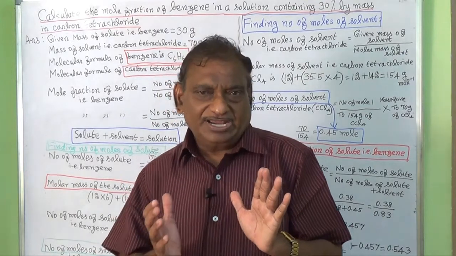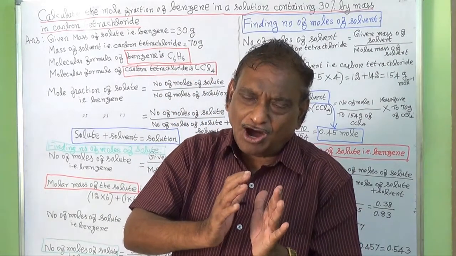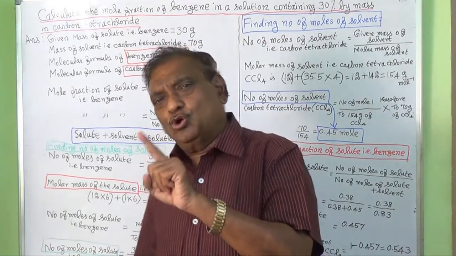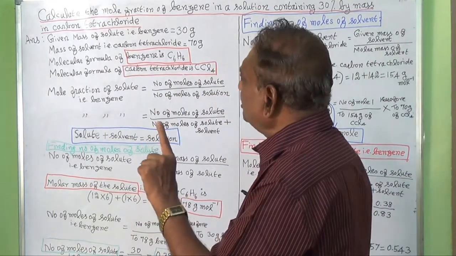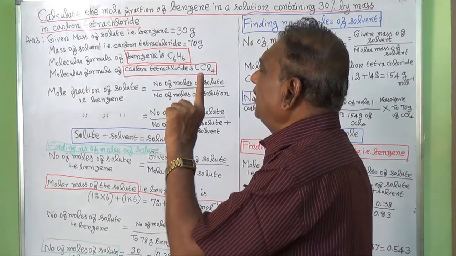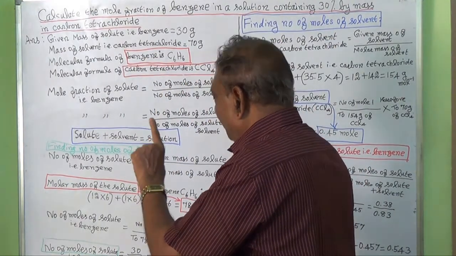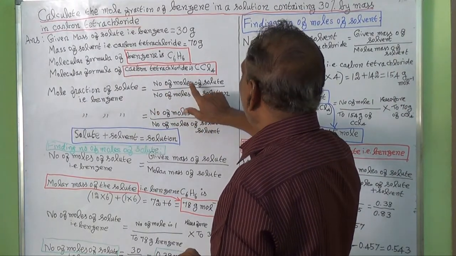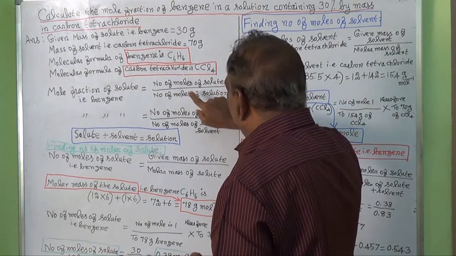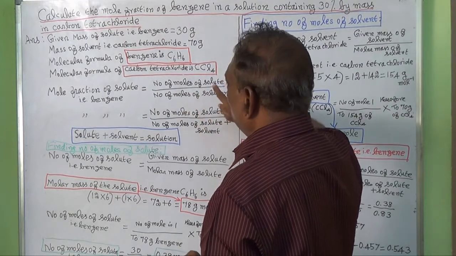First of all, shall we write the formula for mole fraction of the solute, that is benzene? What is the formula for mole fraction? The formula for the mole fraction of solute, that is benzene, equals number of moles of solute by number of moles of solution.